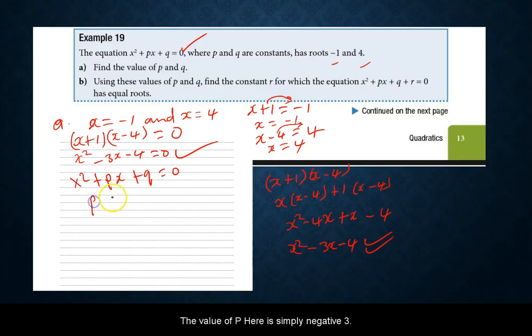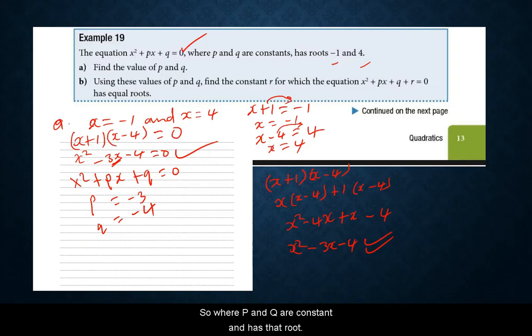The value of p is negative 3. And q is negative 4. So where p and q are constants, we have been able to find the value of p and the value of q.